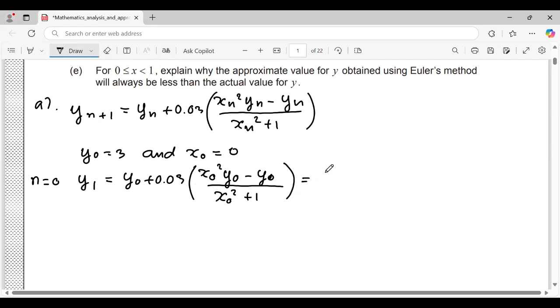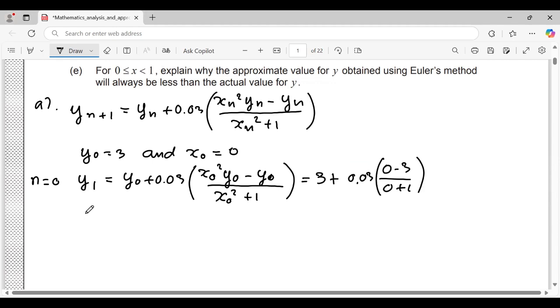And y0 is 3, so 0.03 times 0 minus 3 over 0 plus 1.